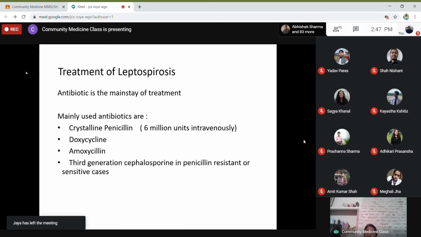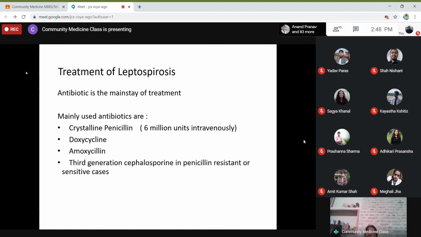So the treatment of leptospirosis: antibiotics are the mainstay of treatment, and thankfully, we have effective antibiotics available. Crystalline penicillin can be used, 6 million units can be given. Another useful drug is doxycycline. In fact, doxycycline is among your list of drugs that can be used as prophylaxis.